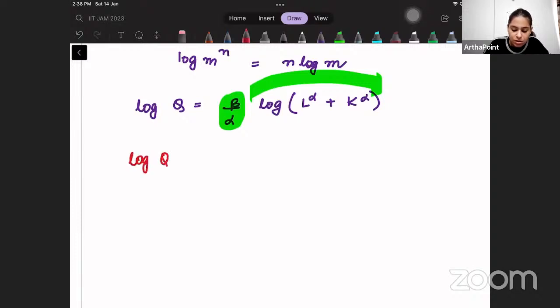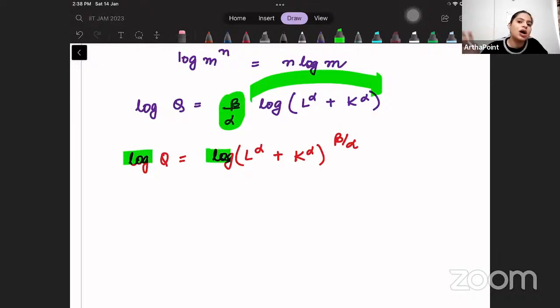Log Q is equal to log of L to the power alpha plus K to the power alpha, the whole to the power beta by alpha. Now, do you see log here also and log here also? Which means you had taken log on both sides. So you can take this log out. Very simple. Just take it to the power e if you want. Otherwise, directly also, you can just take the log out. And you will get Q is equal to L to the power alpha plus K to the power alpha, whole to the power beta.